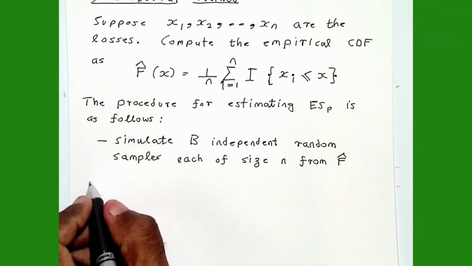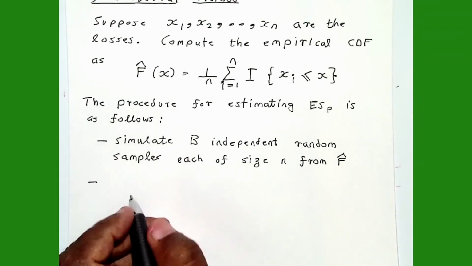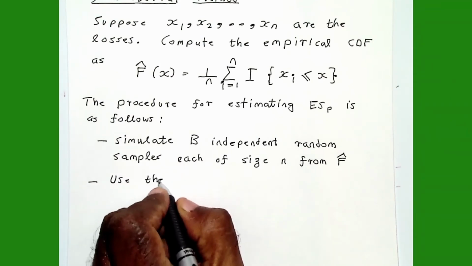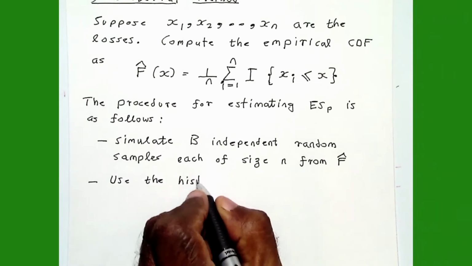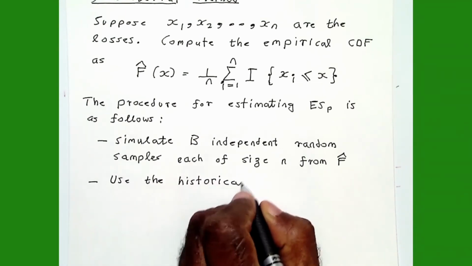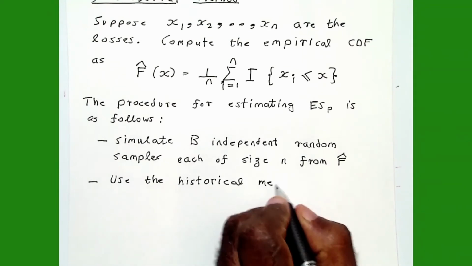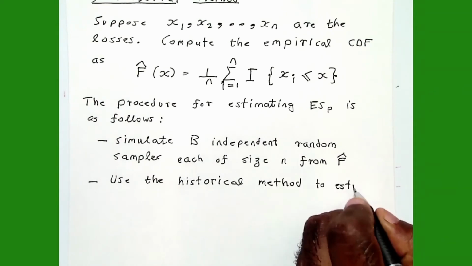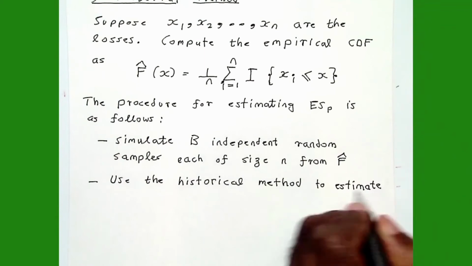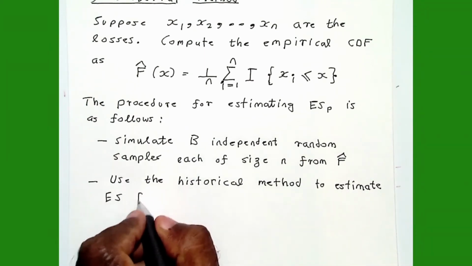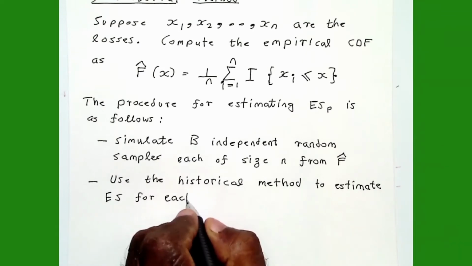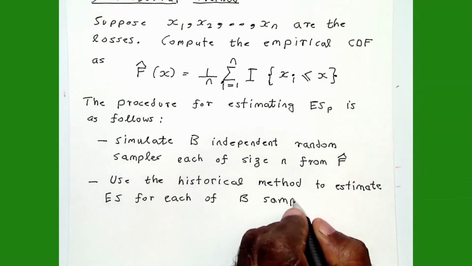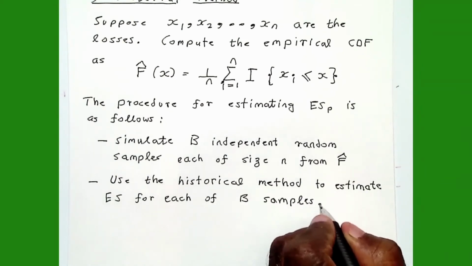As I said before, there are routines in the R software for doing this. The second step is to use the historical method, which I talked about just a few minutes ago, to estimate ES for each of the B samples.